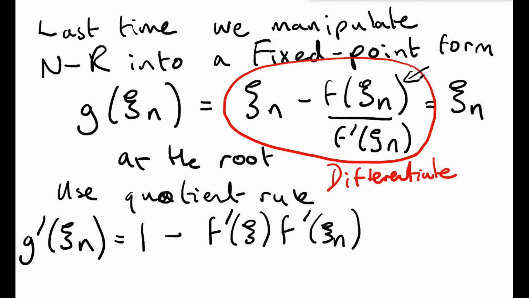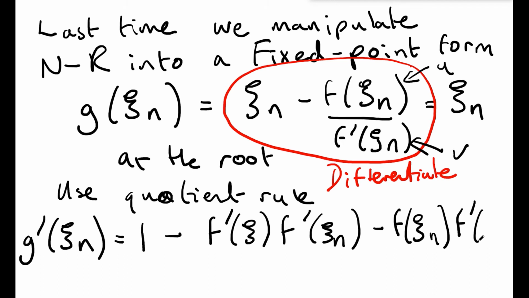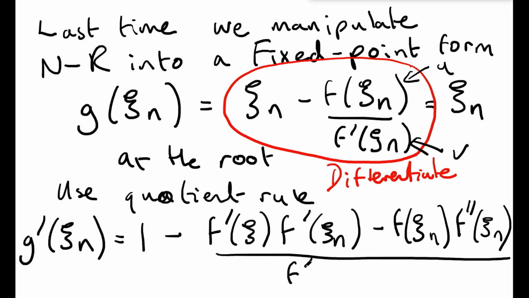Okay, so this is u and this is v in your quotient rule, minus u dv by dx, which is f double prime, because we're differentiating f, all over v squared. Now remember, there was a squared of f prime in the thing we're trying to prove, so that's a good sign. We're getting closer to it.